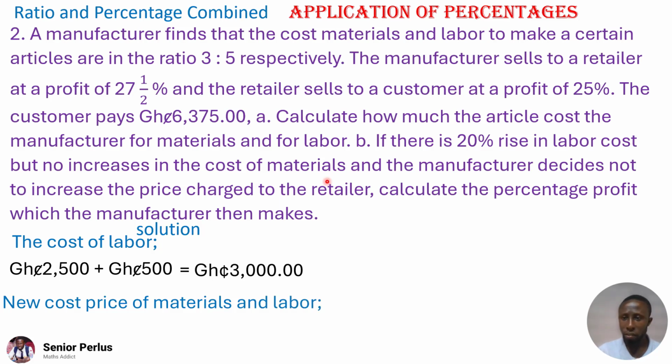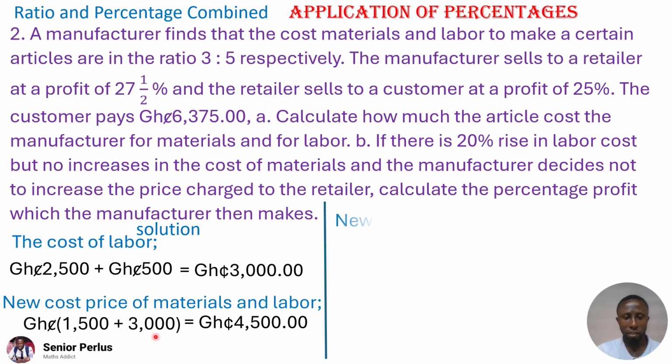So no increase means that there's no increase in the cost. So the cost of the material has no increase, and the cost of labor has changed. So therefore, our new manufacturer cost is this. That's for the cost of labor. That's all. 4,500 Ghana cedi.